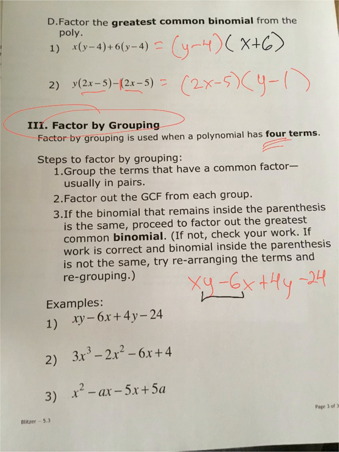I look at those first two and ask, what do those two have in common? They have an X in common. I factor out the X and ask, what's left in parentheses? Y minus 6.